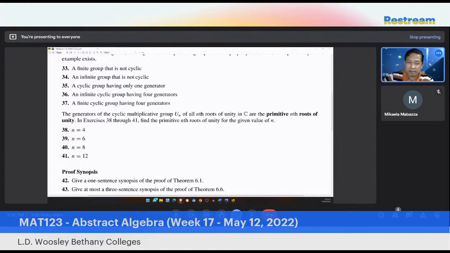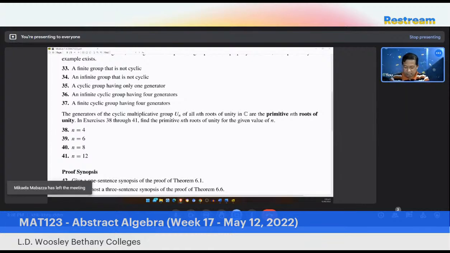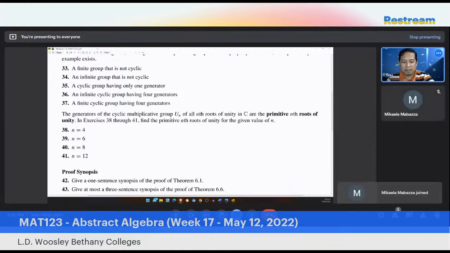Naku, nawala pa. Iniwan ako. Kanina pa ako nagsa-sine 60 na wala ka pa. Sine 60, square root of 3 over 2.